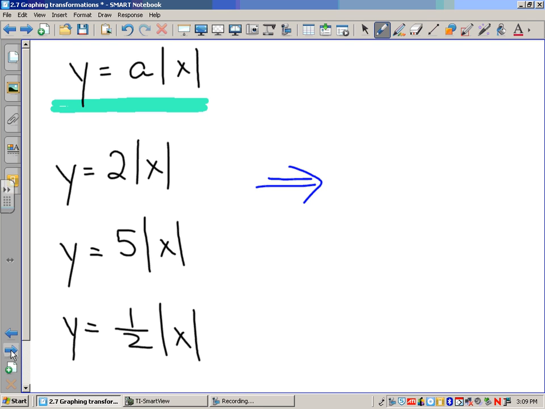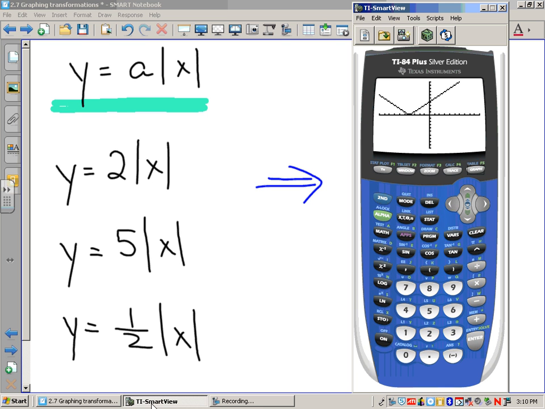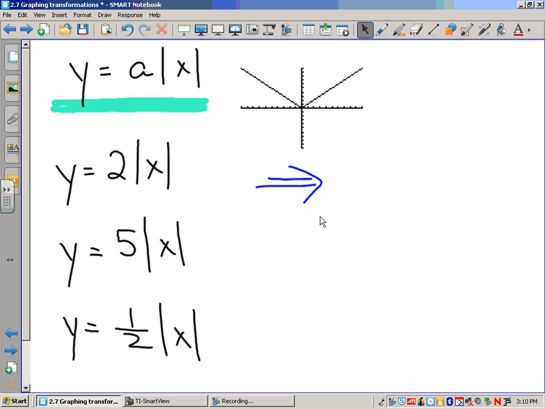If I put a number in front, go back to our original absolute value of x, we have just the regular old V shape.